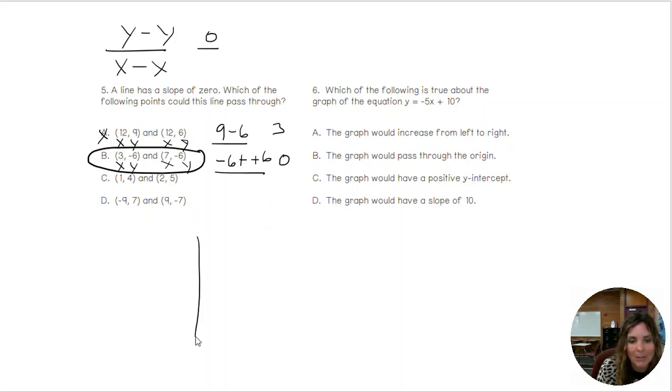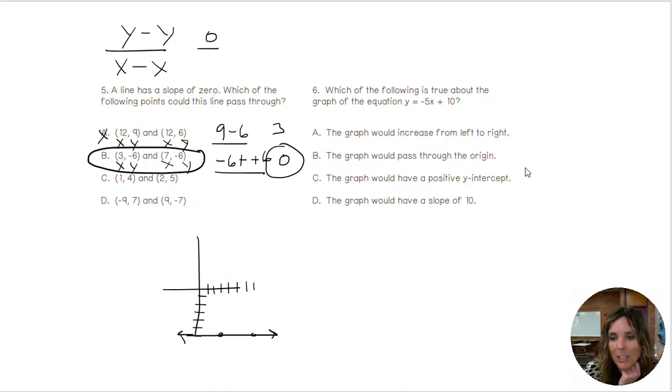And if we were to graph those, we can see that the line that passes through those two would actually be a horizontal line, which makes sense if our slope is 0.